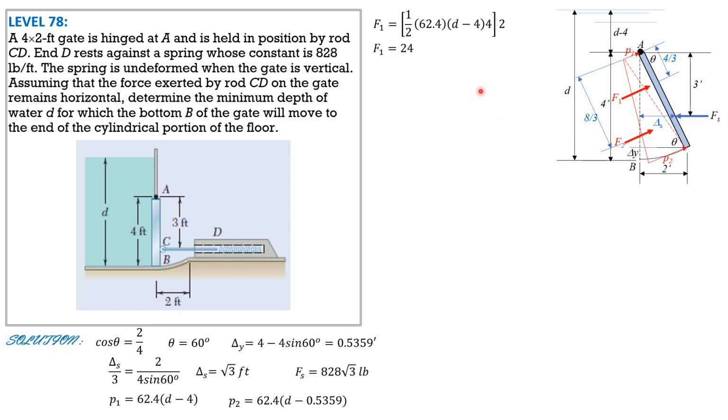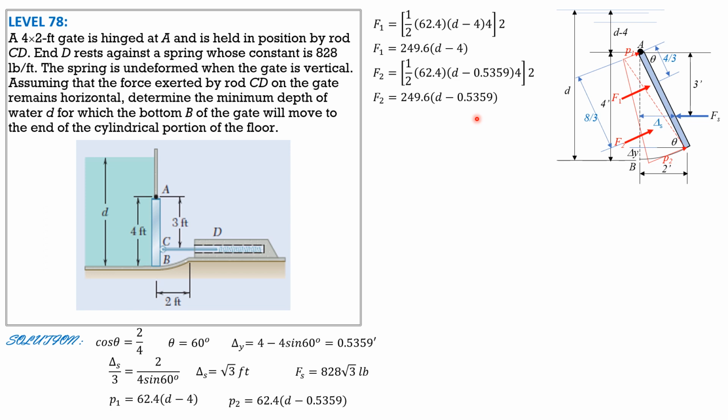Simplifying, F1 is 249.6 quantity D minus 4 pounds. F2 is 1/2 of P2, 62.4 times quantity D minus 0.5359, times length 4 feet, times perpendicular dimension 2 feet. Simplifying, F2 is 249.6 quantity D minus 0.5359.